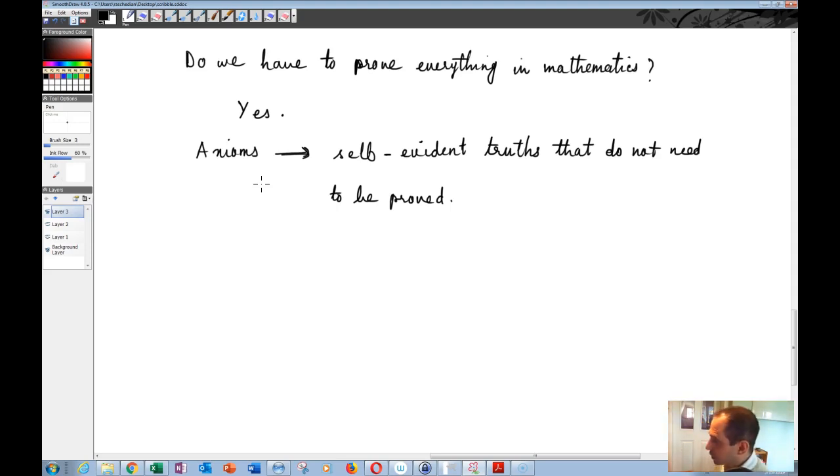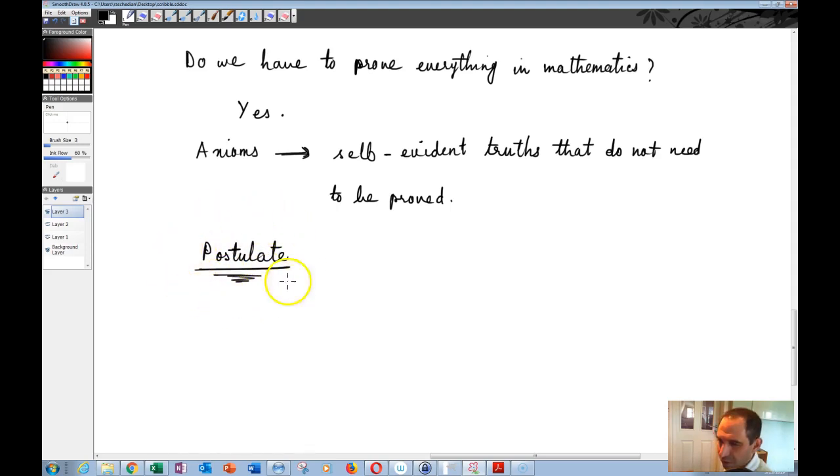There is also some other word that has kind of the same meaning in this context, and that is called a postulate.